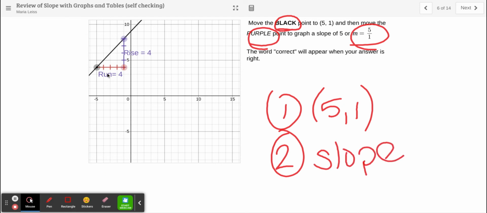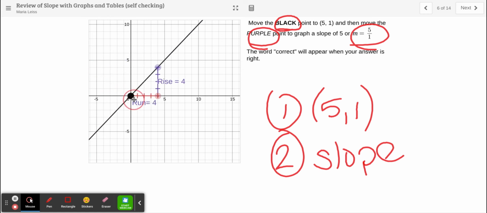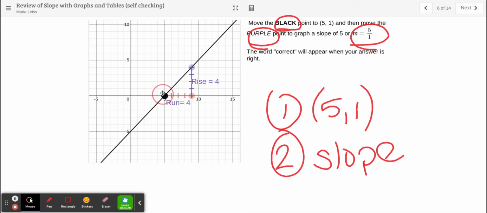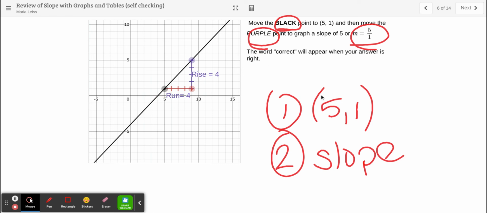So I'm going to start by grabbing the black point and I'm going to take it to 5, 1. So 1, 2, 3, 4, 5, 1. So I did that part. Okay, check. Now I have to do my slope.